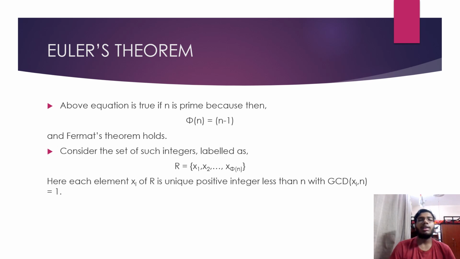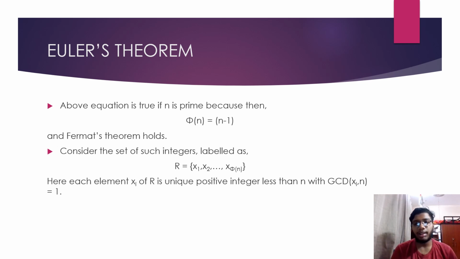So if we recall that phi of n is the number of positive integers less than n that are relatively prime to n. Here we consider the set of such integers labeled as R is equal to x1, x2, up to x phi of n. That is, each element xi is a unique positive integer less than n with GCD of xi comma n equal to 1.